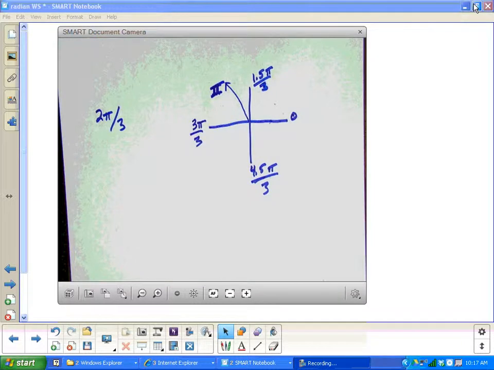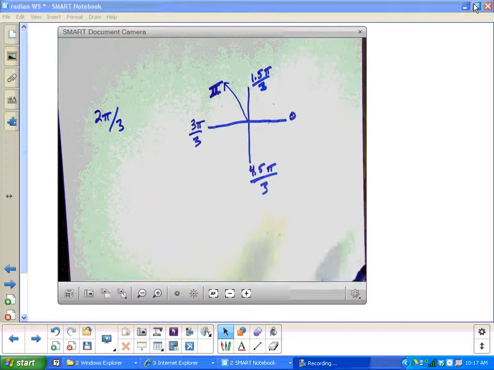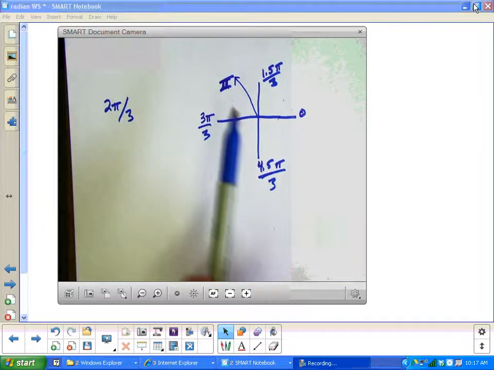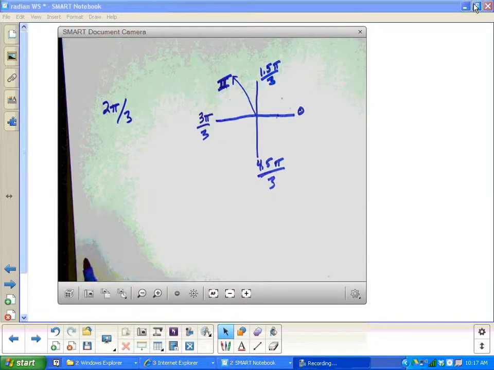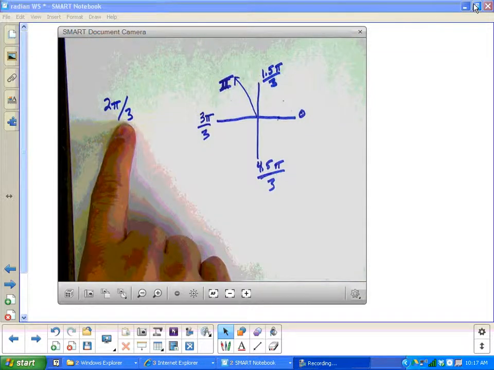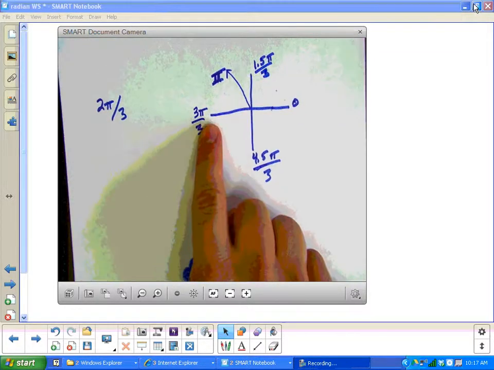Now let's find the reference angle. You can use your rules to find reference angles. The rule in the second quadrant is you take the angle and subtract it from 180. But that was 180 degrees. Now we're talking about radians, so instead of 180, we need to use pi.